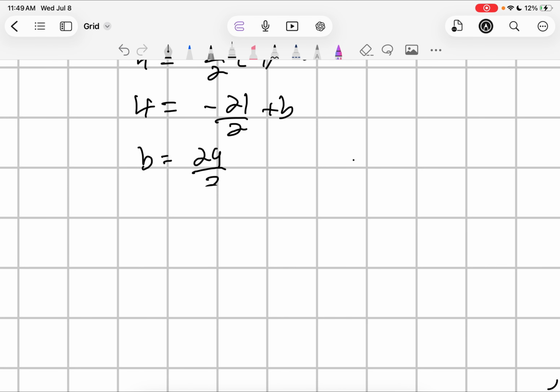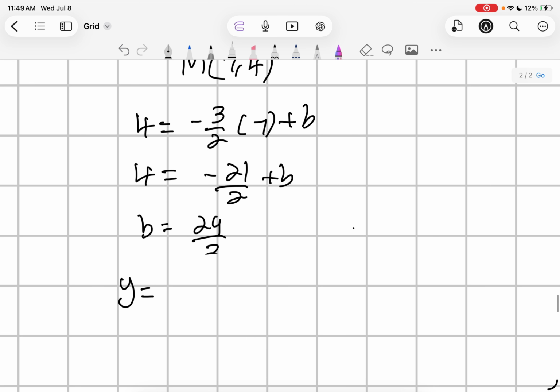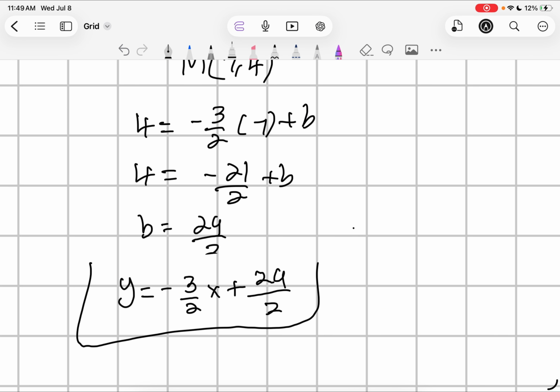Okay, so b equals 29 over 2. Therefore, the equation is y equals negative 3 over 2 x plus 29 over 2. There we go. That's our perpendicular bisector. I just call it perp for fun.